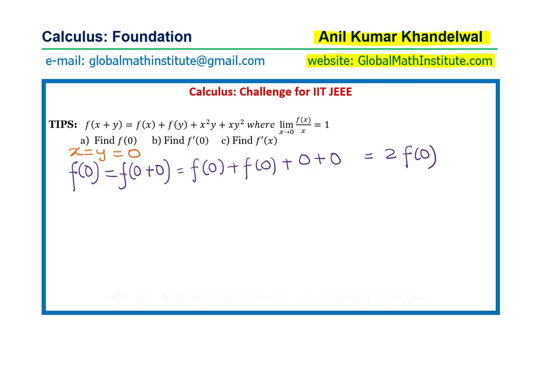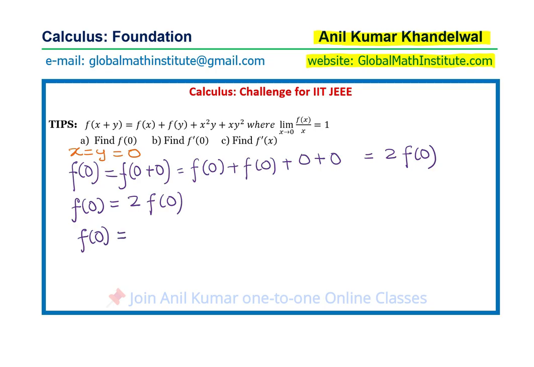I mean, can it be true? So f of 0 is equal to 2 times f of 0. Now this can be true only if f of 0 is equal to 0. You understand? So very clearly we got the part A answer, which is f of 0 should be 0.